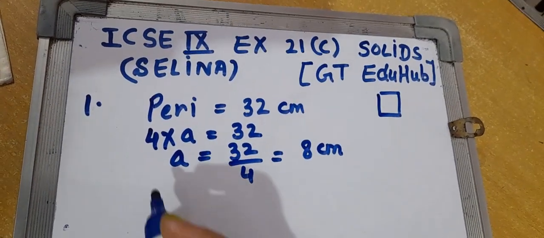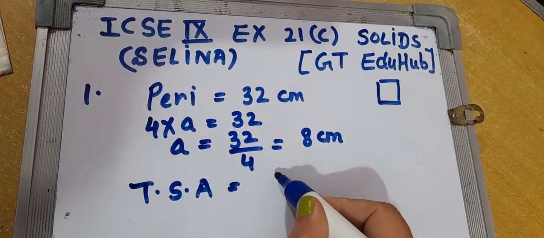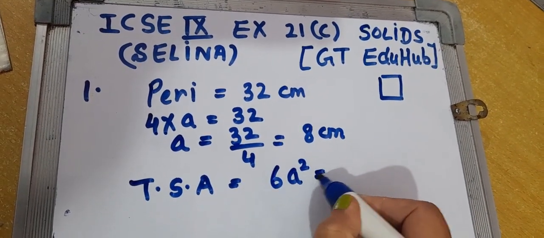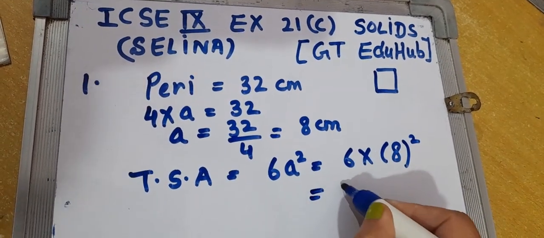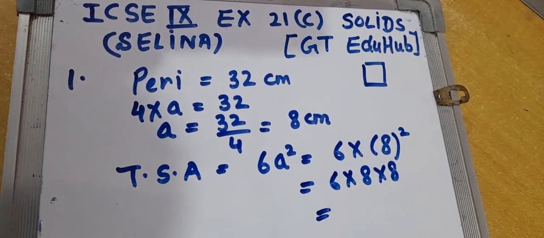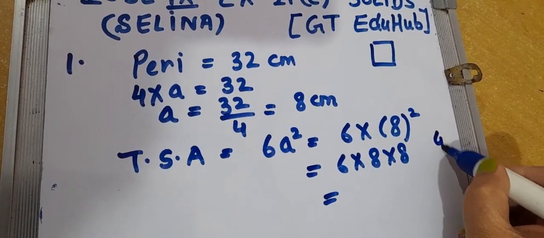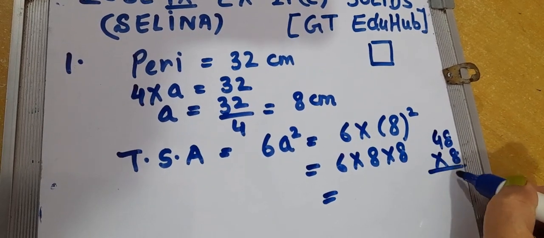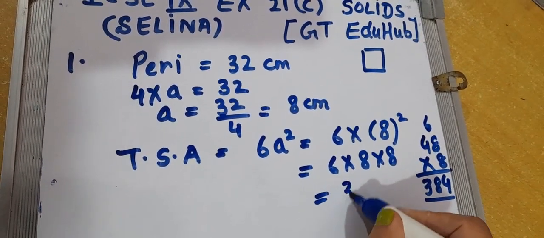Now we have to find its surface area. Surface area means total surface area. It is 6a square, means 6 into 8 square, 6 into 8 into 8. So multiply it and you get 6 8s the 48, 48 into 8, 384.